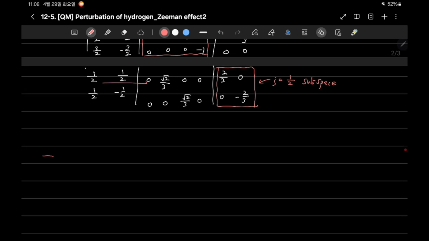SG also makes that eigenvalue h bar ms. SG also calculated.